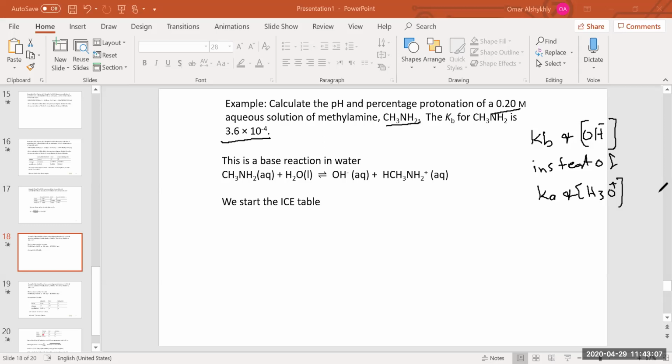Now look at here. For this reaction, we will start with the ice table.